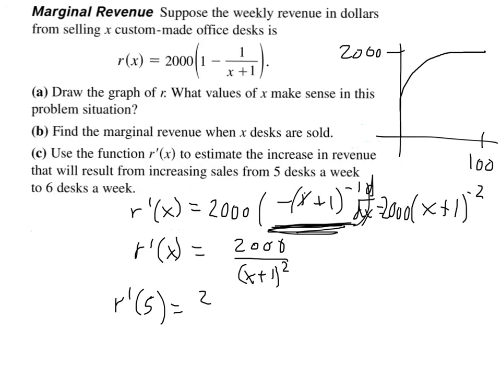So it's just 2,000 divided by (5 plus 1) squared. There's that changing by 1. And that's equal to 55.56, I think, dollars as you increase from 5 desks to 6 desks per week.